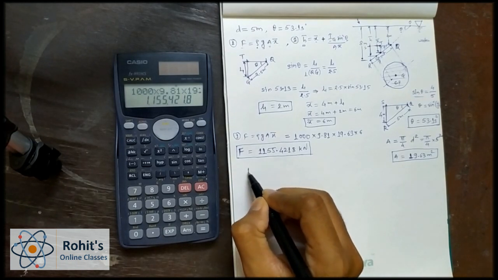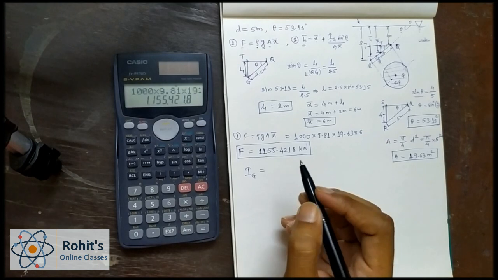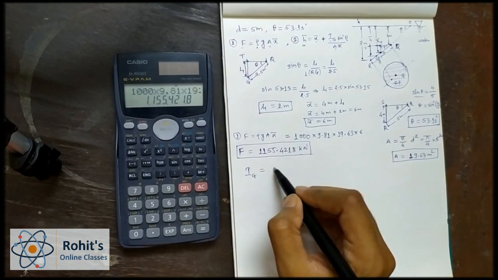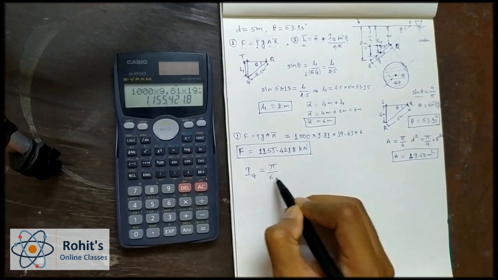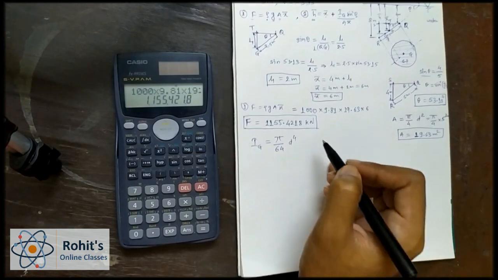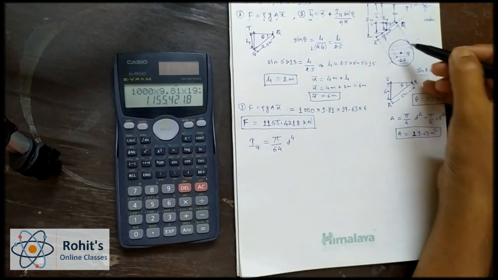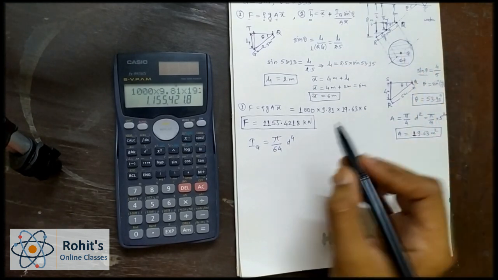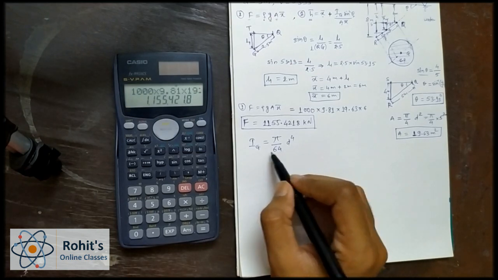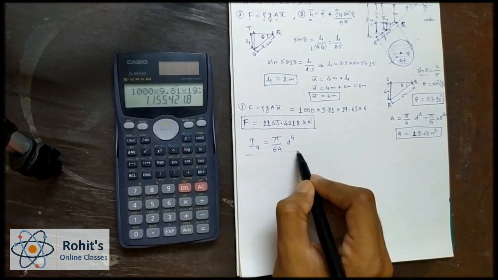So how much is the Ig for a circle? For a circle, it is pi by 64 d raised to 4. This is the moment of inertia about the G point, the formula for the circular plate. Using this formula we can find out Ig.